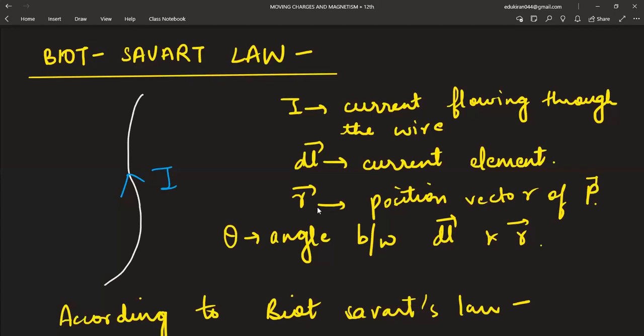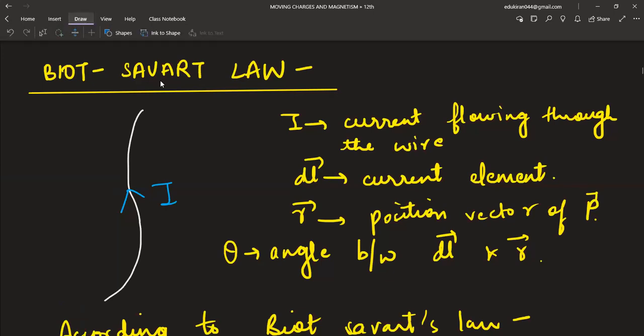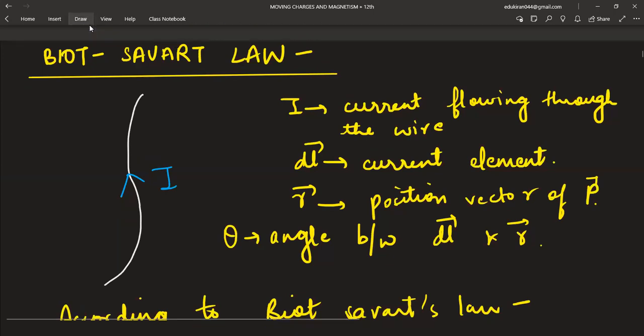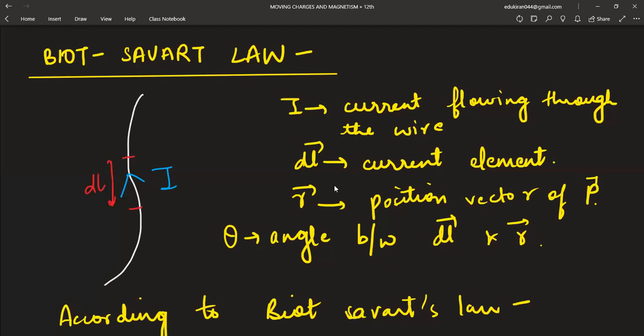Now see, R and dl. There's a slight difference between the R vector and the vector dl when we consider it. See, this entire thing is the wire. Now, if I am taking a portion out of it, this dl is known as the current element, which has been mentioned on this side, that dl is the current element.